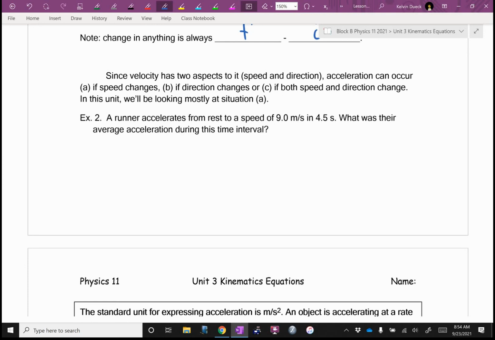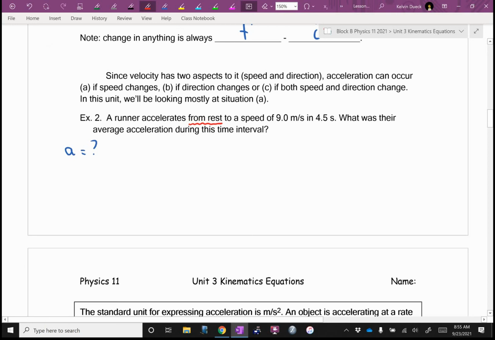What's our symbol for acceleration? I'm going to write down a equals question mark. And now I'm going to read the question for numbers and physics phrases. And we've just been introduced to our first physics phrase. Everybody right now underline the phrase from rest.